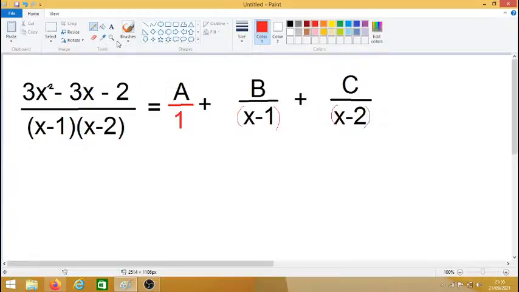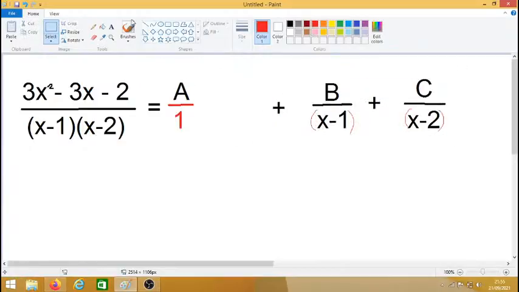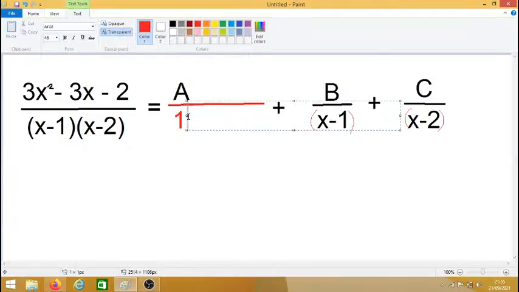So let's get that on. Let's extend the line. And now the brackets come. You've got x minus 1, x minus 2 to join that denominator.